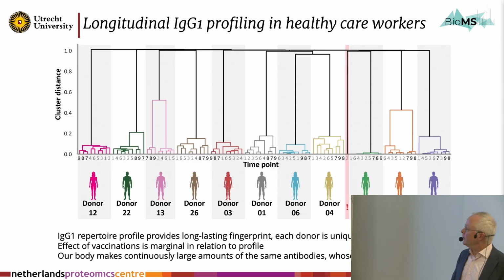Now, to show this data differently, we can really look at all the data. We can make a hierarchical clustering. And I almost don't dare to say it, but it's almost like a DNA vignette of every person. So you see that every person has an antibody repertoire that really matches very well with their own antibody repertoire over a year time, while the differences between people are wild.